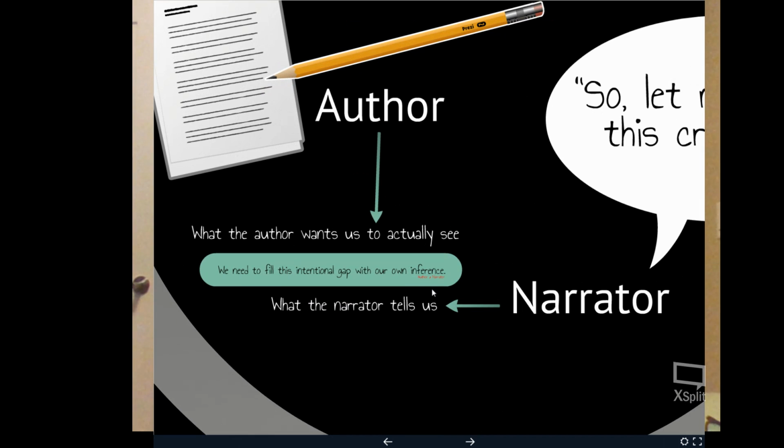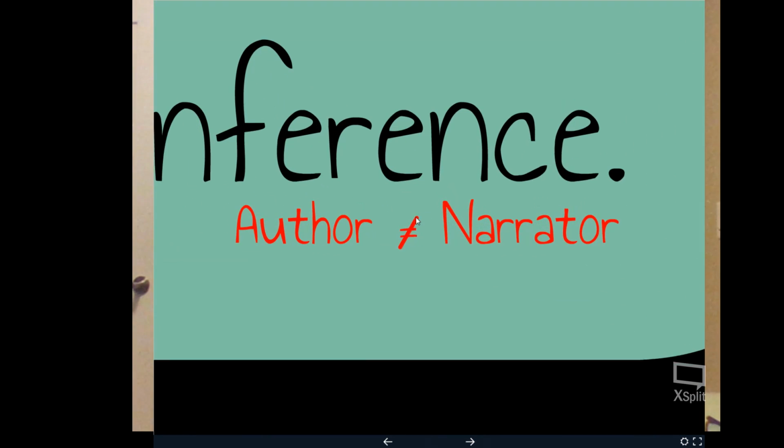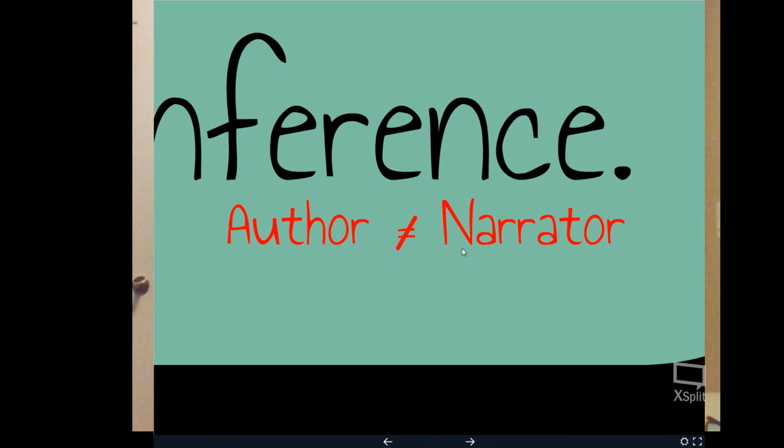We need to be able to fill in this gap between author and narrator and make our own inferences. And by inferences, I mean our own conclusions, our own guesses, if you will, at what everything means. So the author does not always equal the narrator.